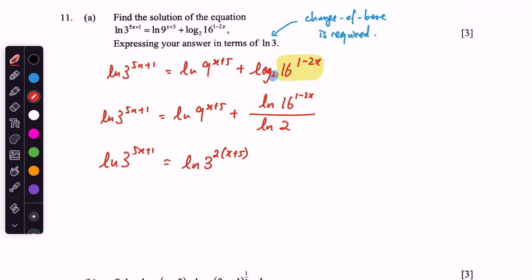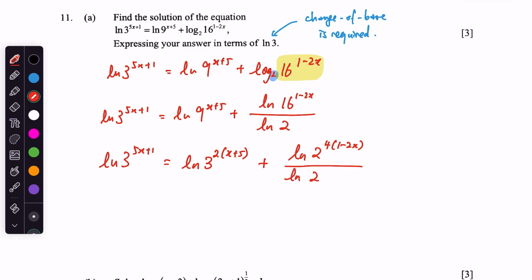Okay, and then on top here we have 2 to the power of 4, to the power of 1 minus 2x. So actually the powers will multiply. Okay, so we get this.